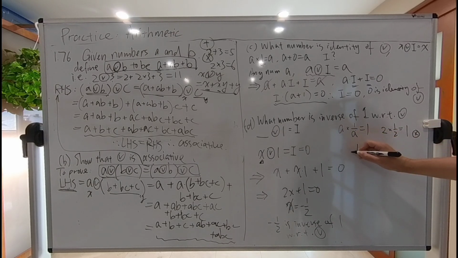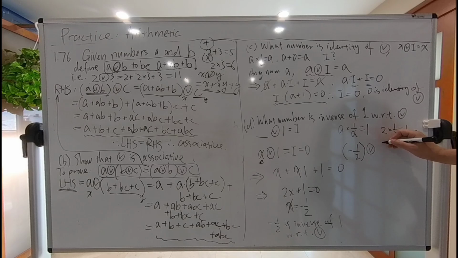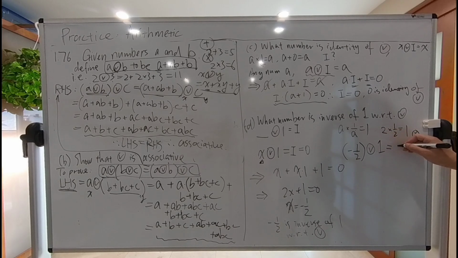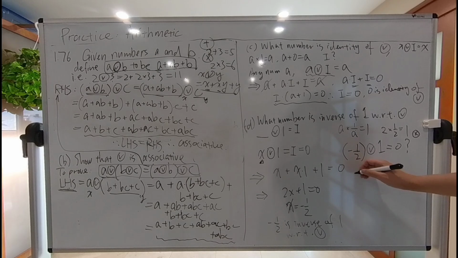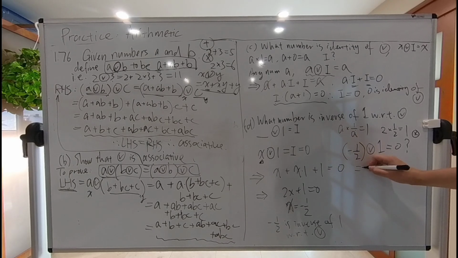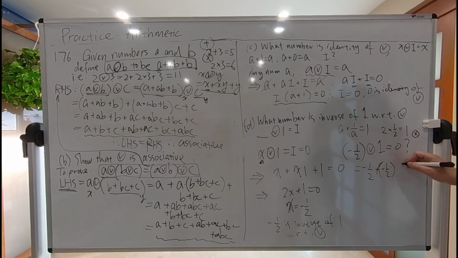So if negative 1 over 2 is really your inverse, then this operating 1 should equal 0, right? Let's just verify, because we already solved it. So this equals negative 1 over 2 plus negative 1 over 2 multiplied by the second term, and then plus the second term.